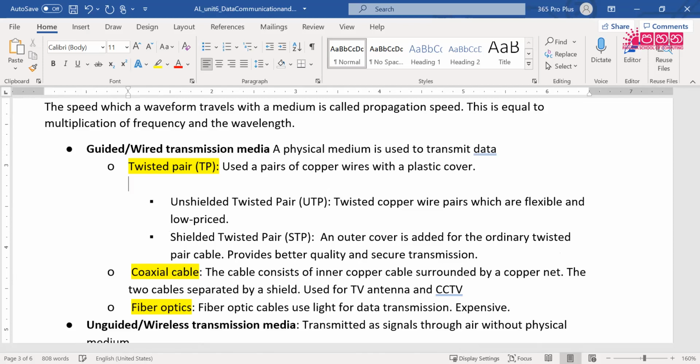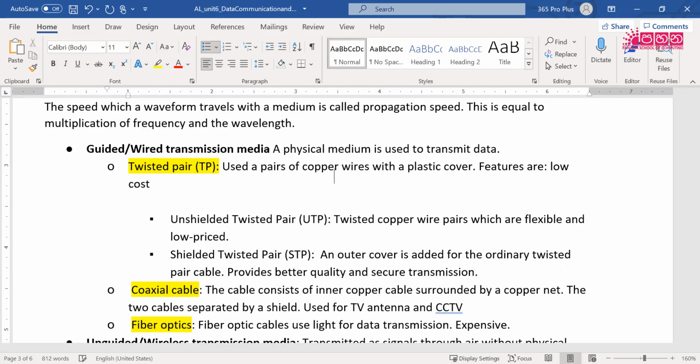Maybe you can take down up to this one: guided wire transmission media. A physical medium is used to transmit data. And then under that, the first one is twisted pair. We use a pair of copper wires with a plastic cover, right? Features are, low cost.